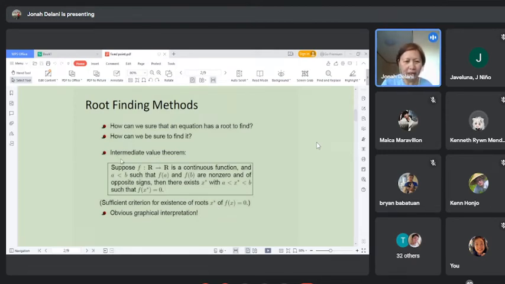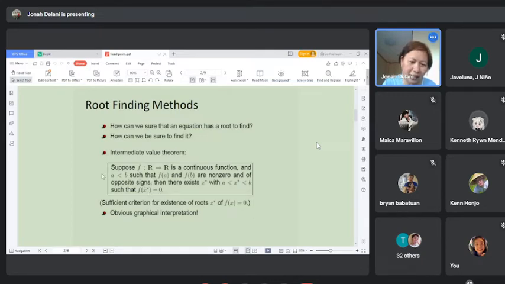So from the intermediate value theorem, if a function is continuous on the real number system, and if a is less than b such that f of a and f of b are non-zero and of opposite sign, then there exists an x asterisk between a and b such that f of x asterisk is equal to 0.